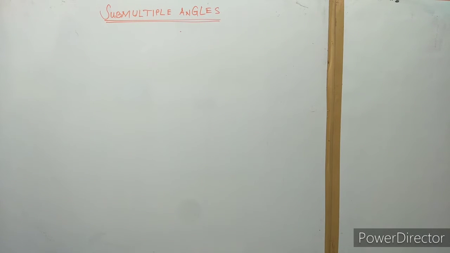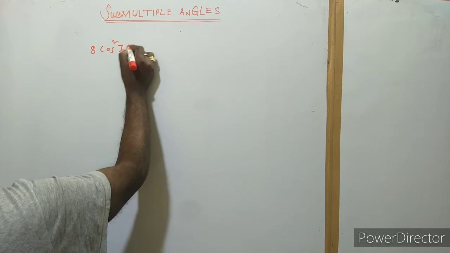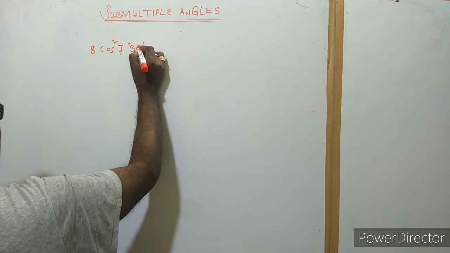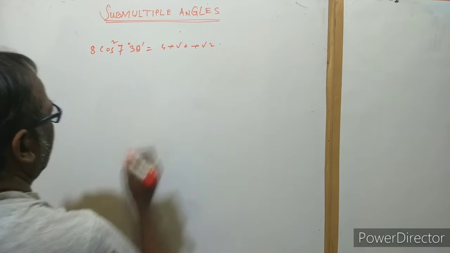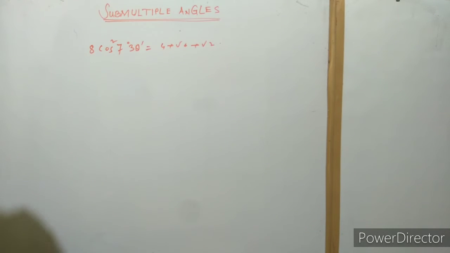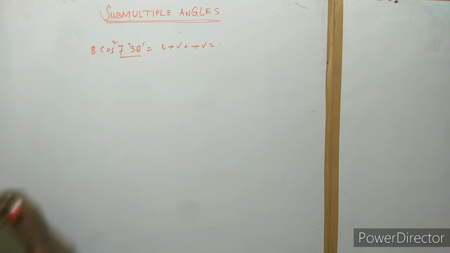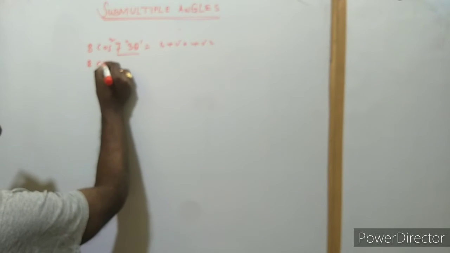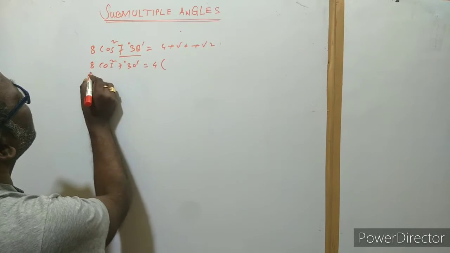Now, furthermore, a problem we want to introduce here, like this is here 8 cos square 7 degree 30 minute plus root 6 plus root 2 here. See, actually this is the half of 15 degree. So that's why you can write easily 8 cos square 7 degree 30 minute, and it can be written by twice the size of that.